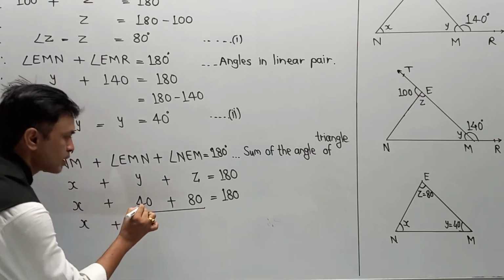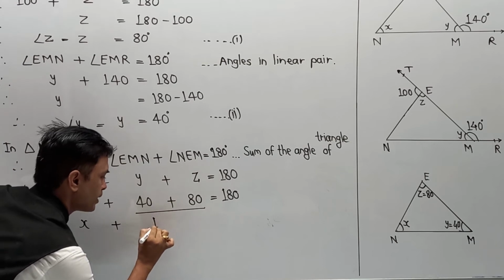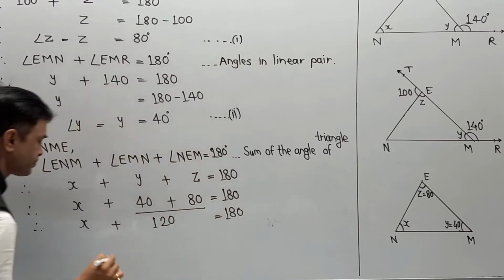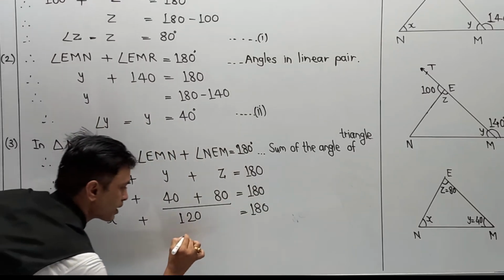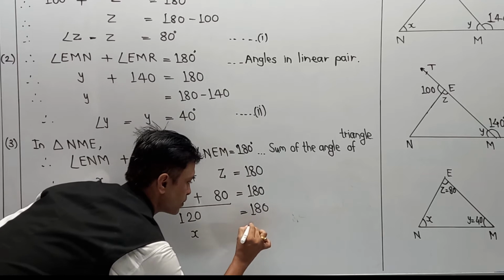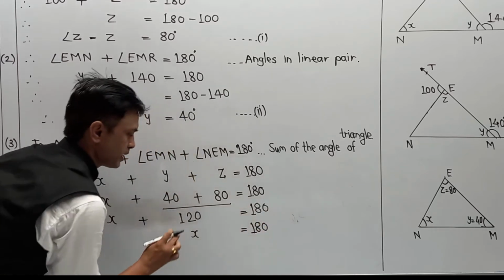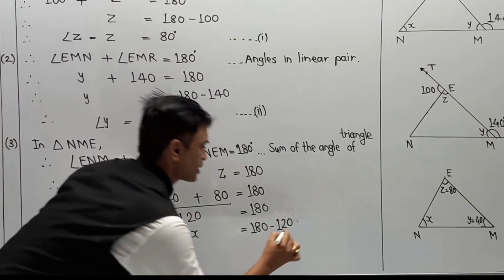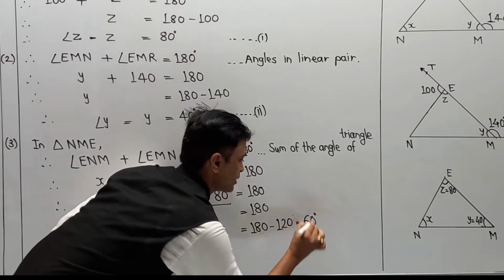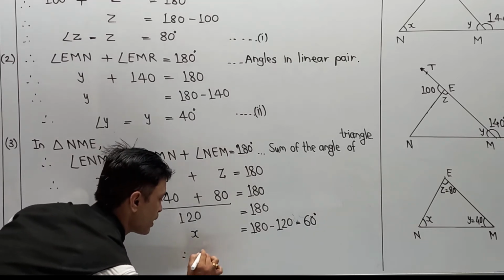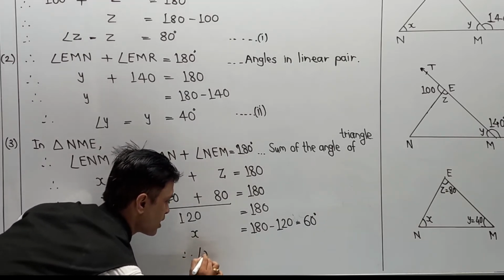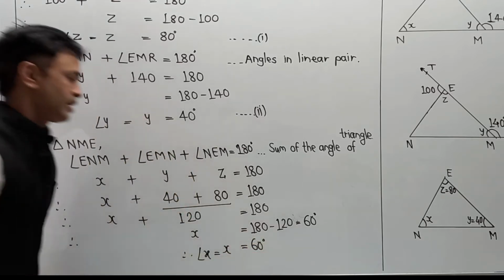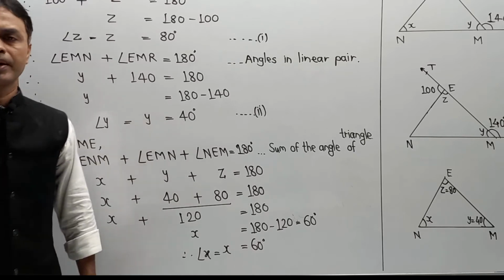X plus 40 plus 80 means 120 is equal to 180 degree. Therefore, X is equal to 180 degree minus 120, and that is nothing but 60 degree. So value of X or angle X, that is 60 degree, and in this way we can solve the part.